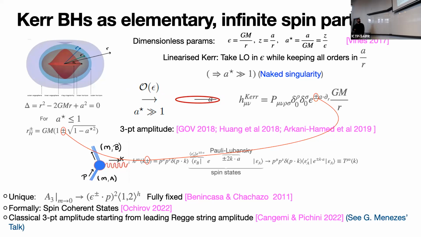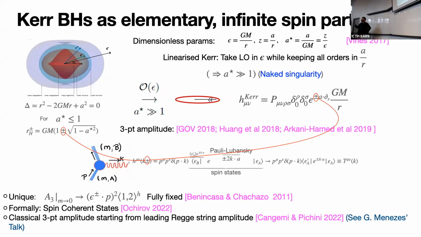I also wanted to point out this recent paper by Lucile Cangemi and Paolo Pichini, in which instead of starting from an effective field theory amplitude, they start from string theory amplitudes. Taking the classical limit of leading Regge string amplitudes, they are able to extract a classical three-point amplitude that looks kind of similar to this.